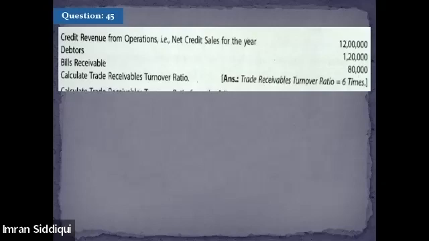Credit sale is already given, and we need to find out the value of the average trade receivables. So, talking about the trade receivable, the debtor is already given, bills receivable is also there.